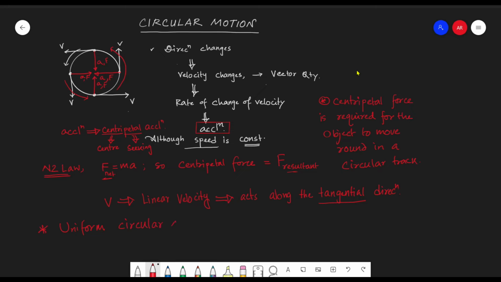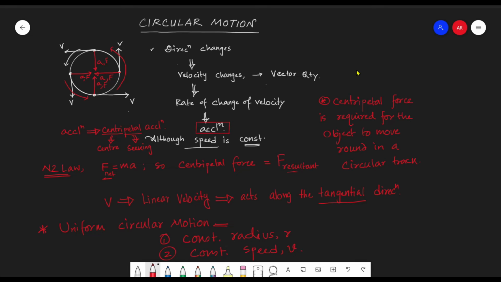And when we say the object is in uniform circular motion, what does this uniform refer to? Uniform means the object is moving at a constant speed and constant radius. It will have the constant radius r, and it will have the constant speed as well. But velocity is not constant. Do remember this thing. All right.